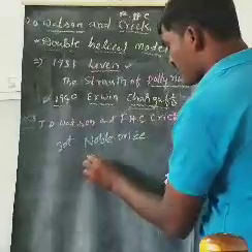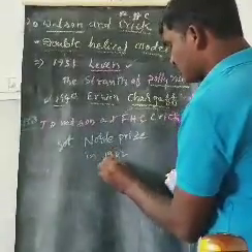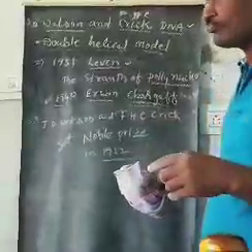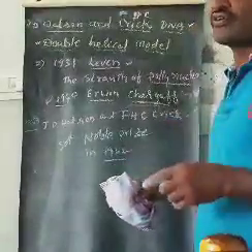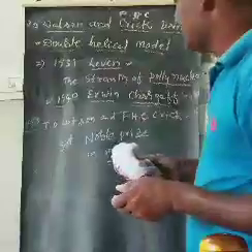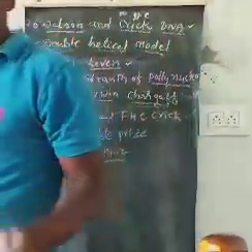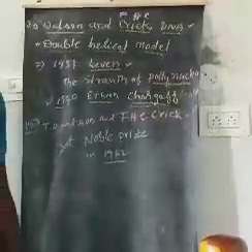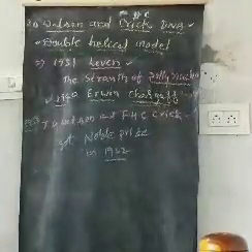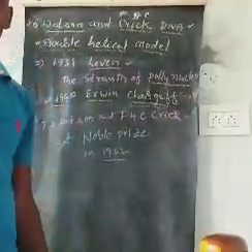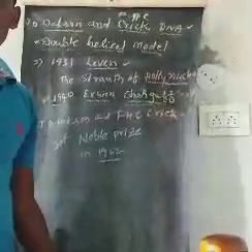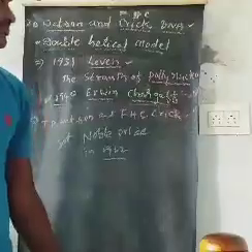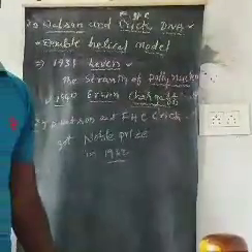In 1962, Wilkins also got the Nobel Prize. The structure of DNA was discovered by Watson and Crick following Wilkins' experiments, which is why Wilkins also got the Nobel Prize.